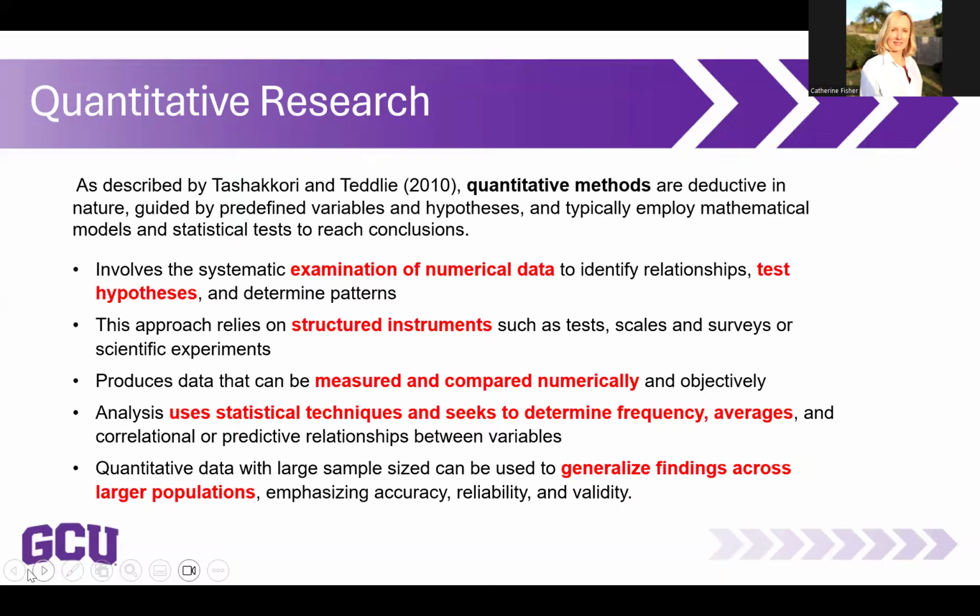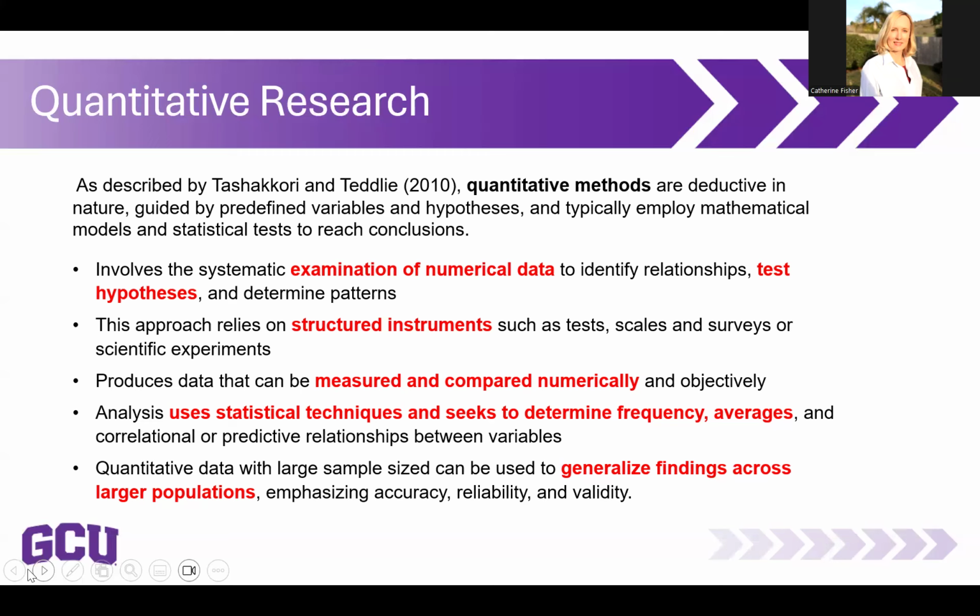It involves a systematic examination of the numerical data using structured instruments like a standardized test, some type of mood scale, surveys, using yes or no answers to determine frequencies or averages, or a scientific experiment comparing two groups.